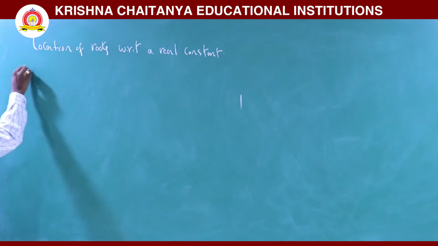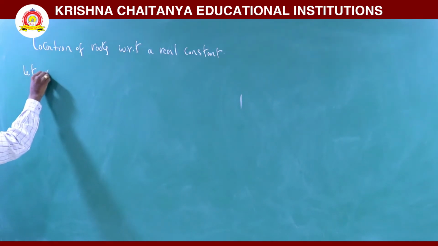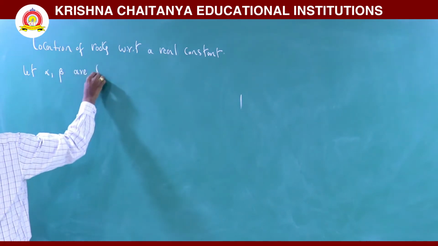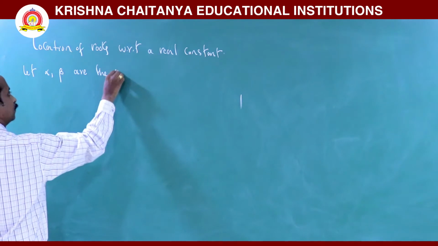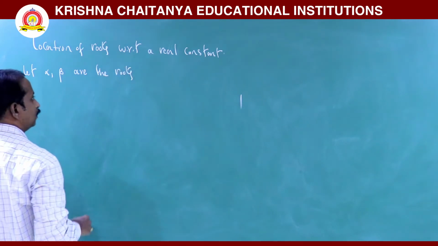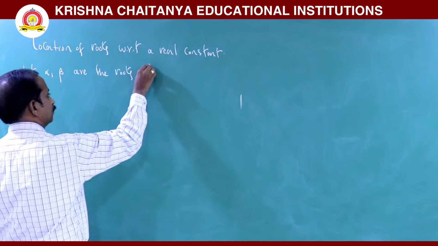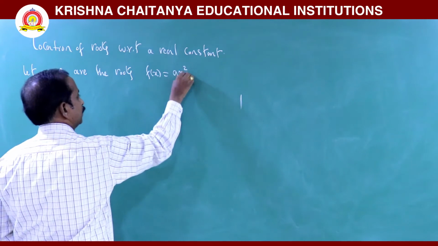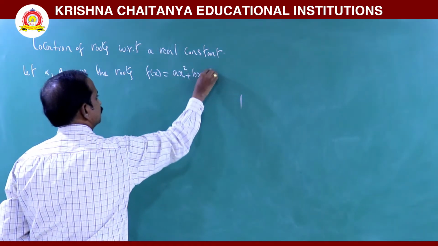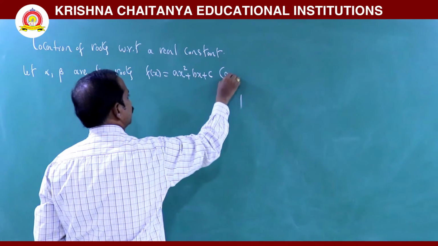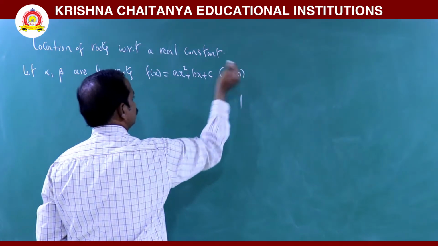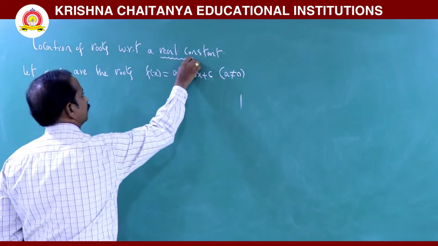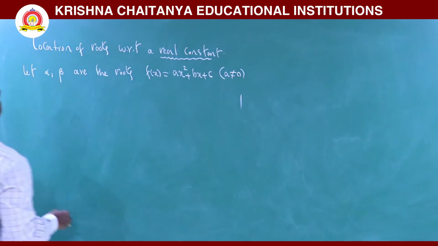Let us consider alpha comma beta are the roots of the quadratic equation or expression f of x is equal to ax square plus bx plus c, with condition a not equal to 0, and our considered real constant will be taken as k.